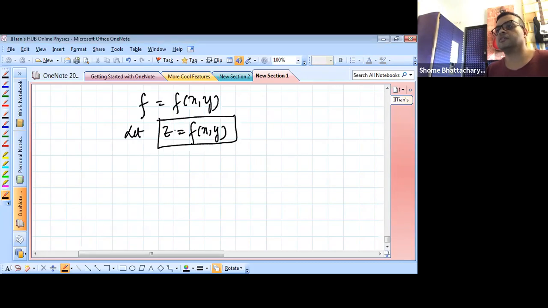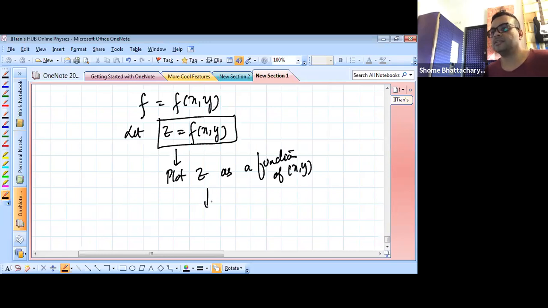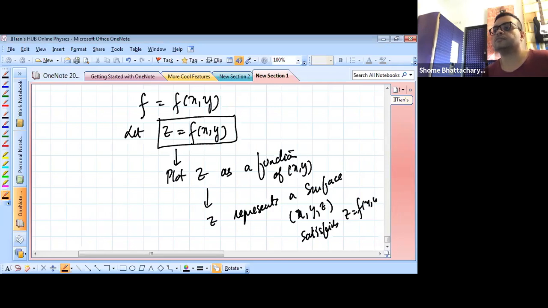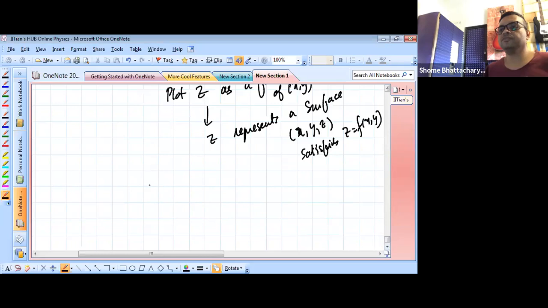When we plot z as a function of the two-dimensional plane, z represents a surface where every point x, y, z satisfies the relation z is equal to f of x, y. So for example, if z was root of r square minus x square minus y square, then it would represent a spherical surface.